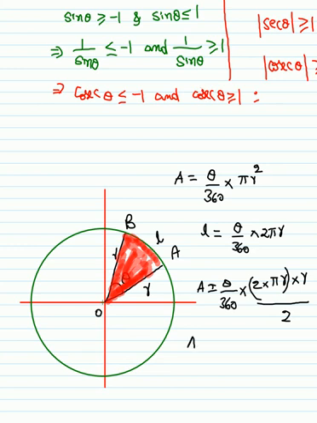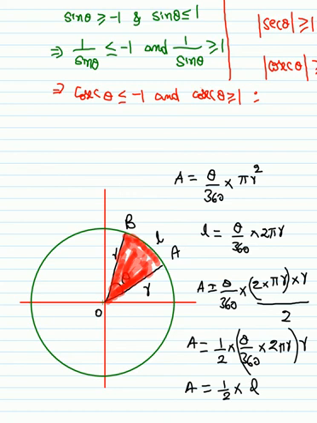So if you observe, the area is equal to 1 by 2 into theta by 360 into 2 pi r into r. So now area is equal to 1 by 2 into the length of the arc L into r. Here L is equal to r into theta, if theta is expressed in radians. You can substitute the L value here.